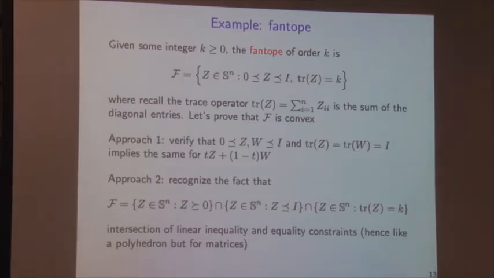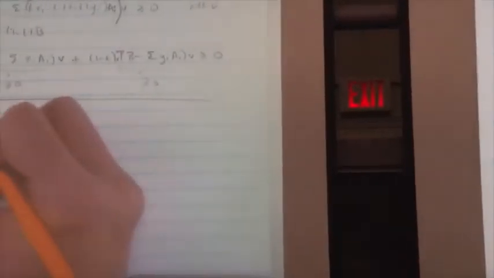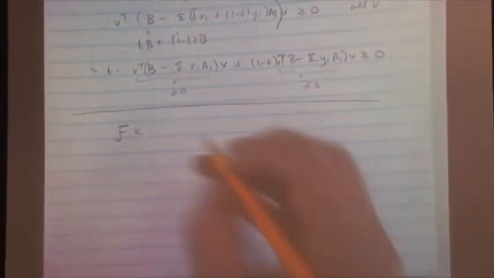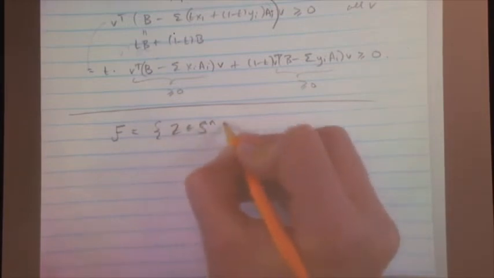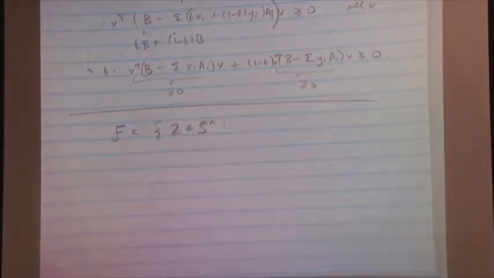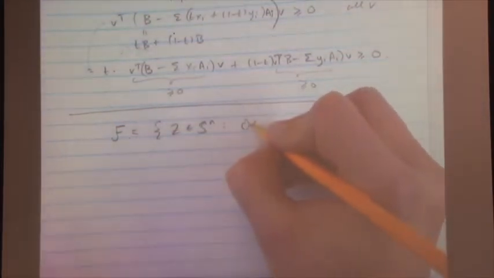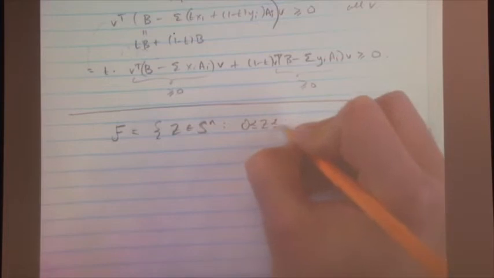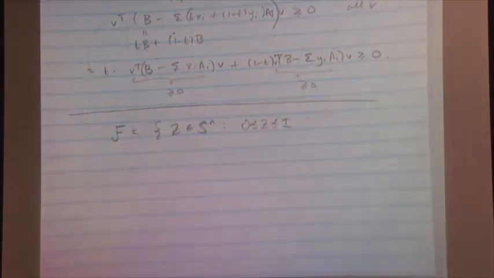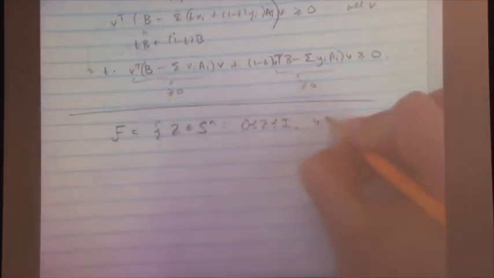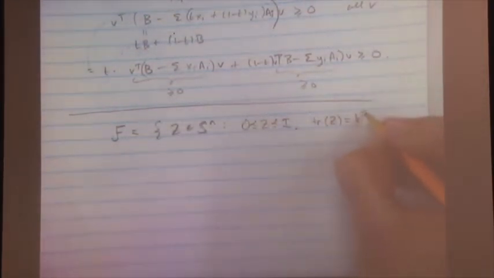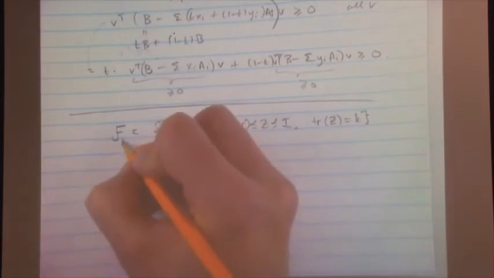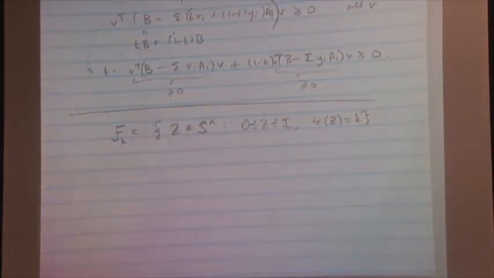This is a set, script F, which is the set of all symmetric matrices Z that have the following property: Z is positive semi-definite, I minus Z is positive semi-definite, and also the trace of Z is equal to k. So k is some constant that we call the order of the fantope. We might write it as F subscript k.